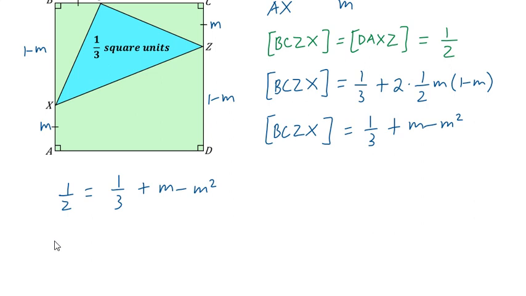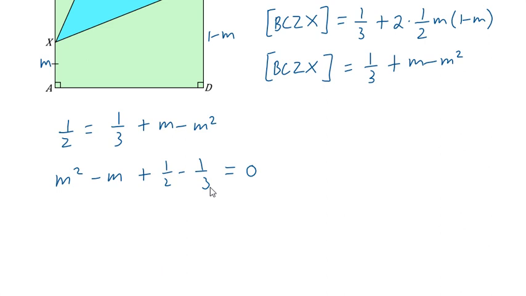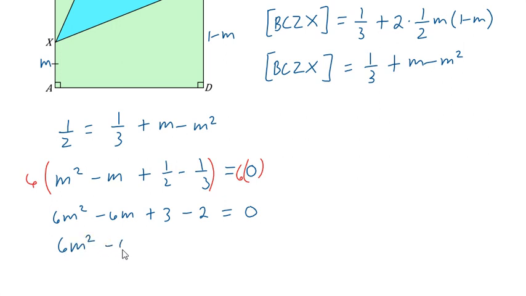So we have M squared minus M plus 1/2 minus 1/3 equals 0. To get rid of the denominators, I'll multiply both sides by 6. Okay, so we have 6M squared minus 6M plus 3 minus 2 equals 0. Or simply 6M squared minus 6M plus 1 equals 0.